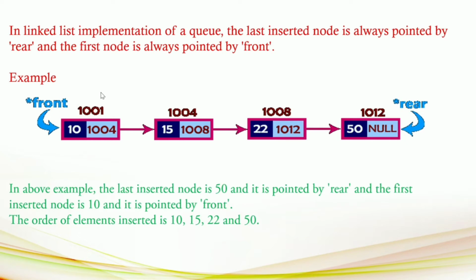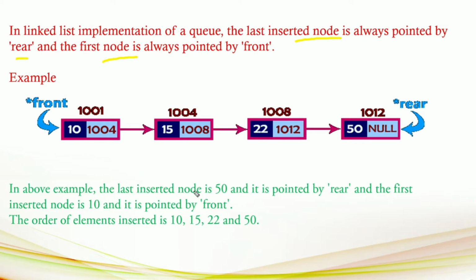This is the example of the linked list. In the linked list implementation of queue, the last inserted node is always pointed to by the rear and the first node is always pointed to by the front. Rear points to the adding of the elements, front points to the removing of the elements.